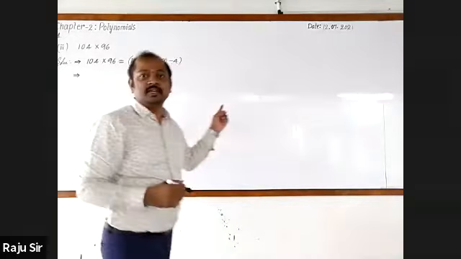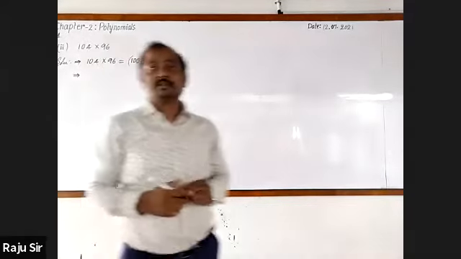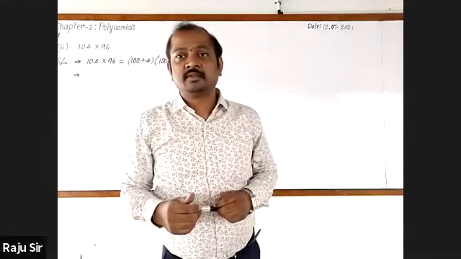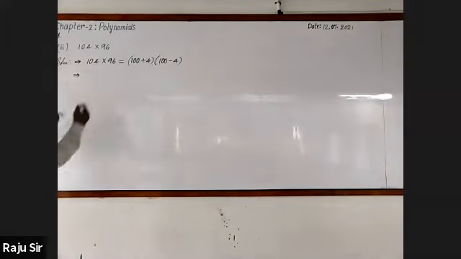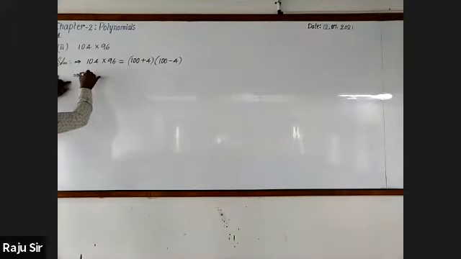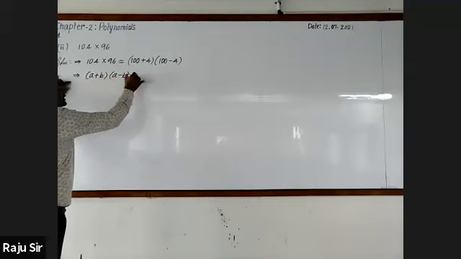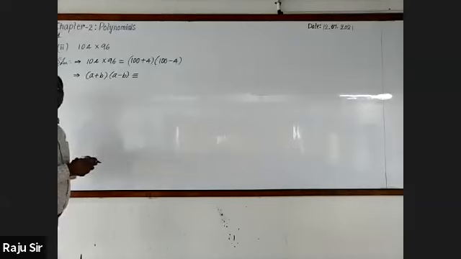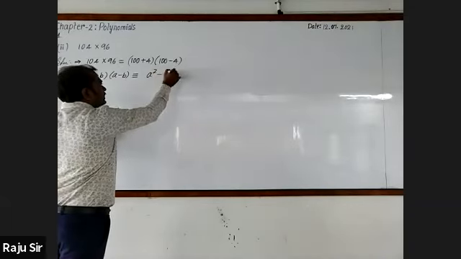Could you tell which identity can be used for solving this? (a plus b) into (a minus b). Okay, let's go for using that. The identity (a plus b) into (a minus b) is exactly equal to what? a square minus b square.